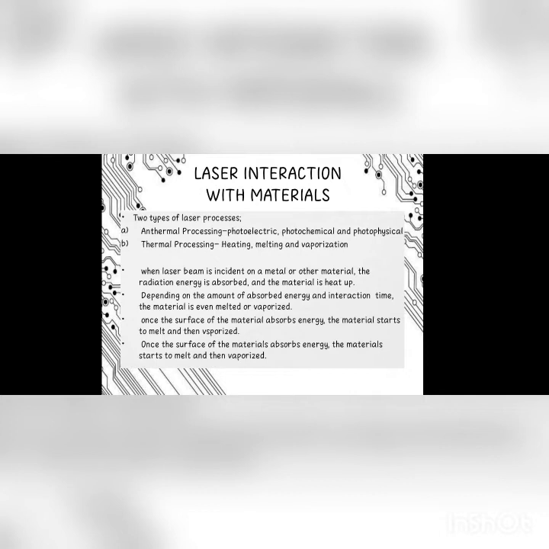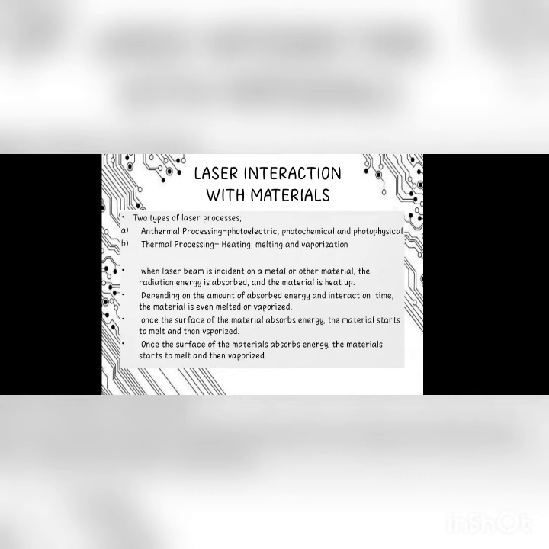High power pulse, continuous wave or both forms of laser beams are used. Novel applications using lasers are still emerging every day. Laser interaction with materials. Two types of laser processes: thermal processing, photoelectronic, photochemical, and photophysical.